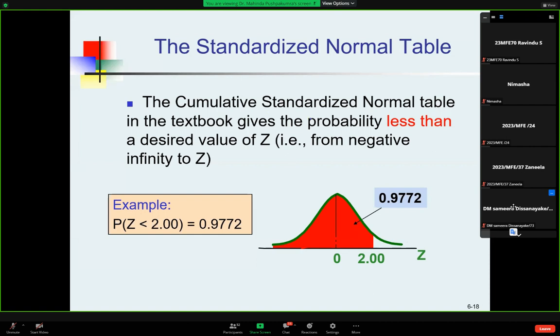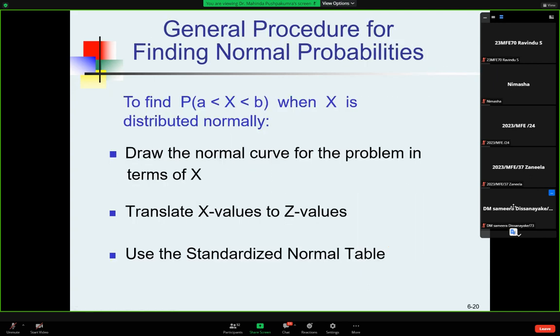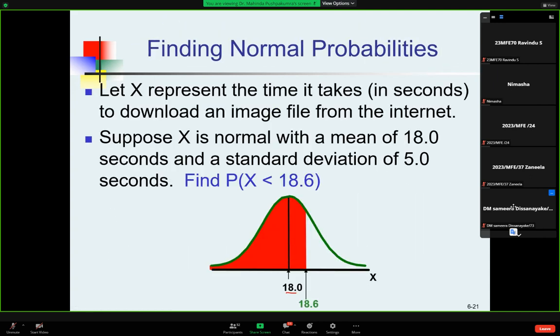Cumulative standardized normal table in the textbooks gives the probability less than Z. I explained this part. Okay, please read this example and try to find the answer.